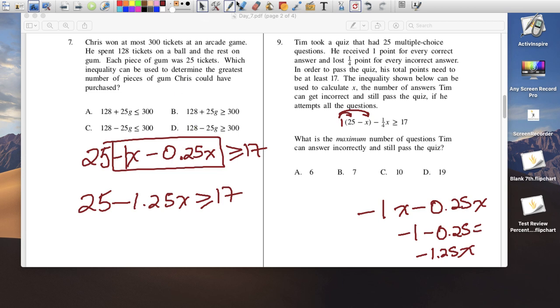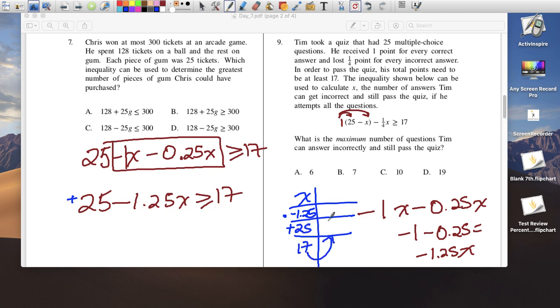So now think of what you have to do. Those of you who still do the story, you have a variable x, which is being multiplied by negative 1.25. And we're adding 25 because that minus sign belongs to this guy over here, 1.25. So in front of 25, there's a plus, right? There's an invisible plus. So it's plus 25 greater than or equal to 17.